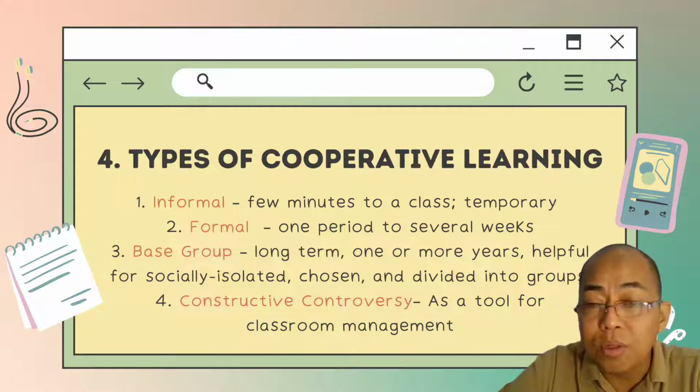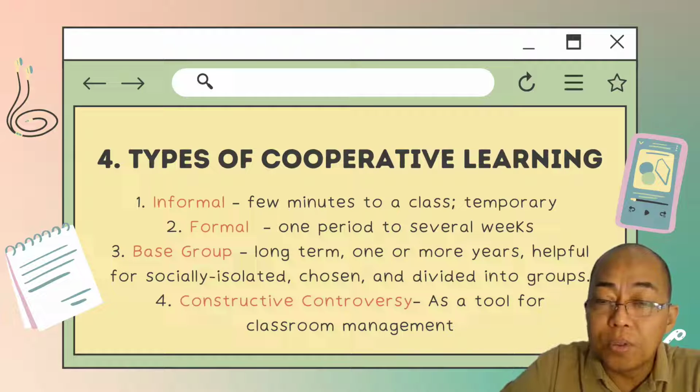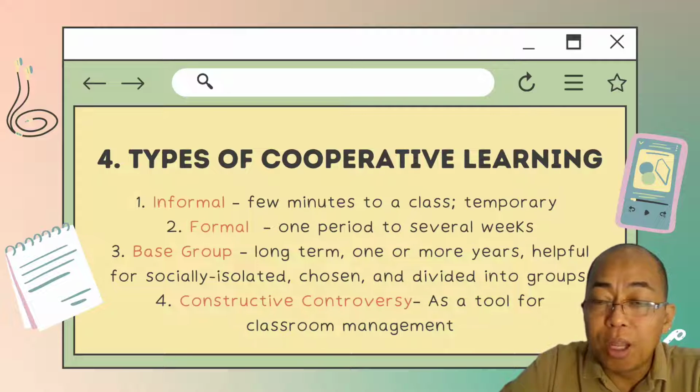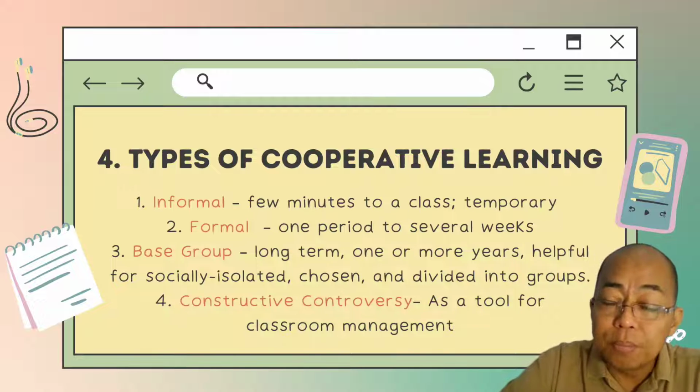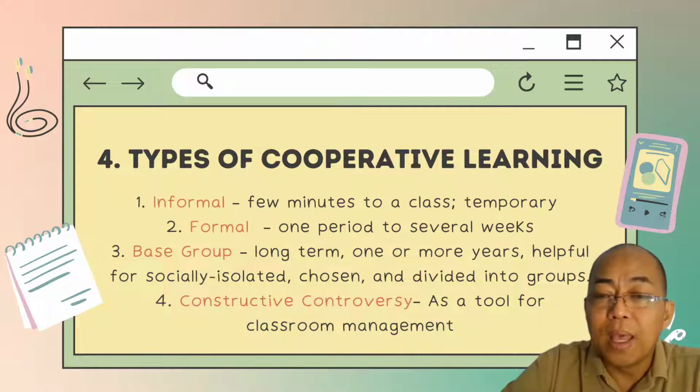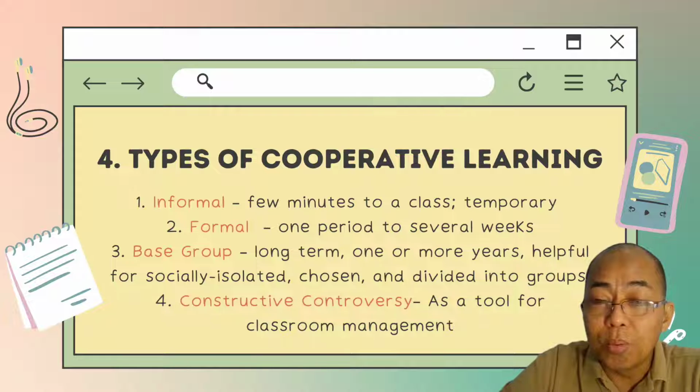In constructive controversy, the groups will be divided into two. So within the learning group, there will be subgroups. If in each learning group you have 10 members, the 10 members will be divided into two groups of five, and they will be assigned to pros and cons.